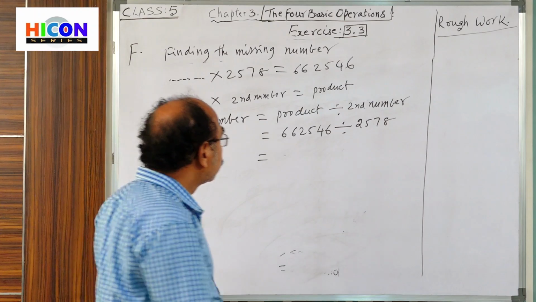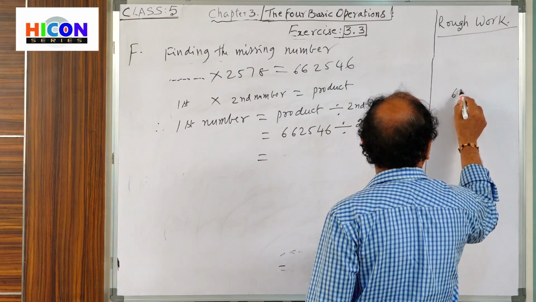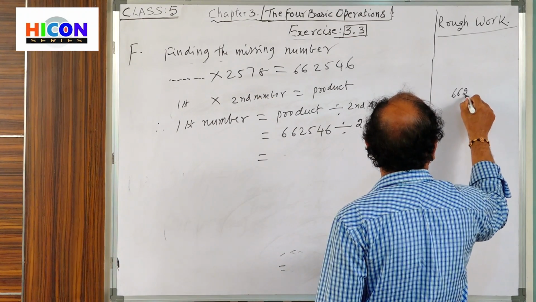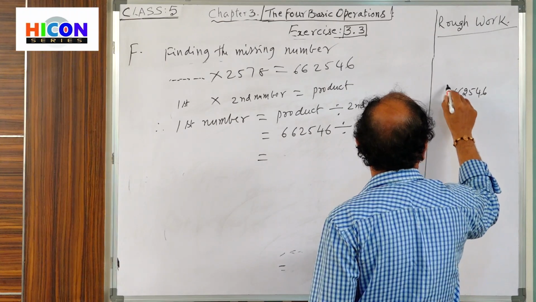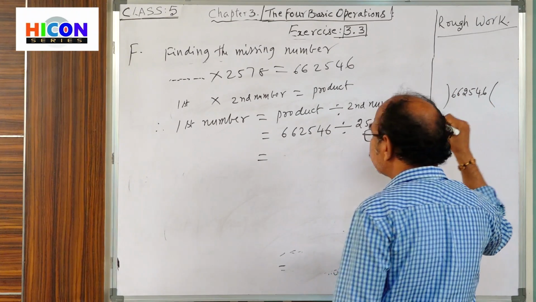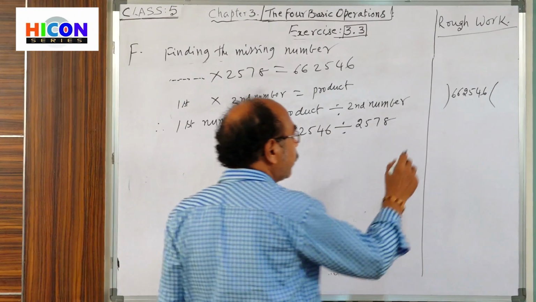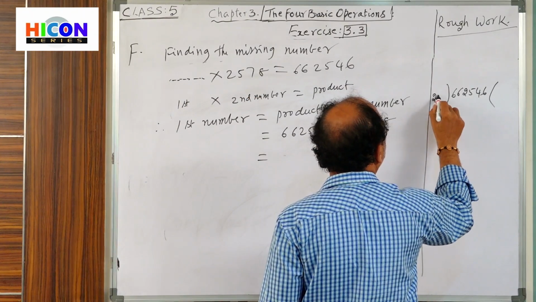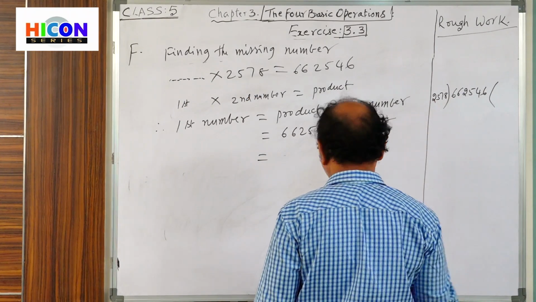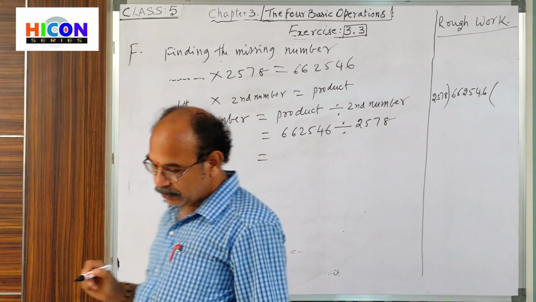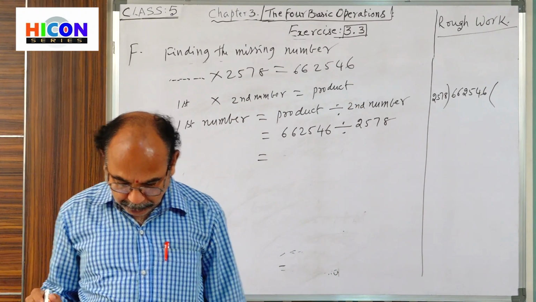So 662546, if it is divided by 2578, we get the first number.